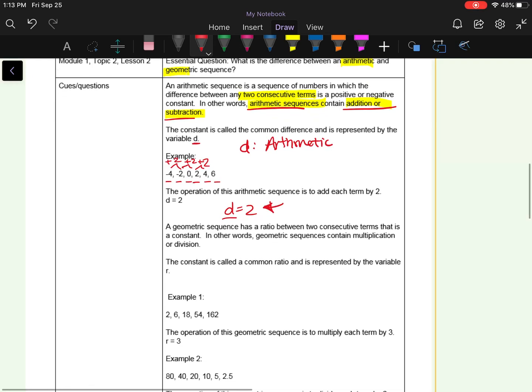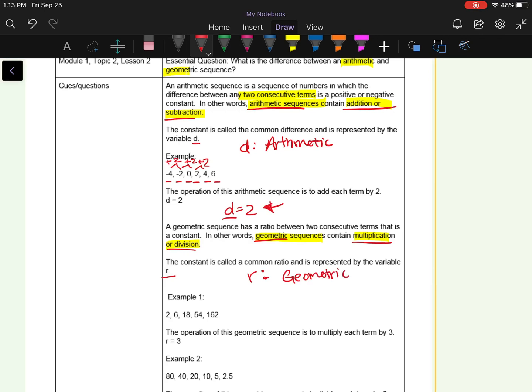Okay, a geometric sequence has a ratio between two consecutive terms that is constant. In other words, geometric sequences contain multiplication and/or division. Again, this is the key here: geometric means multiplication or division. The constant in this case is r. So when you say r for the variable, you are saying, hey, I know this sequence is geometric.